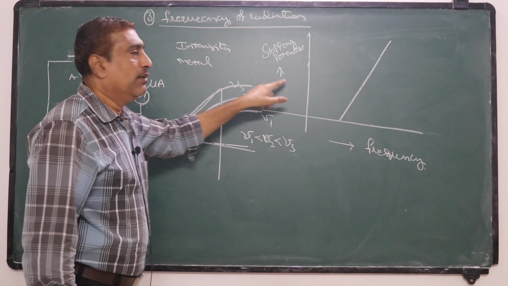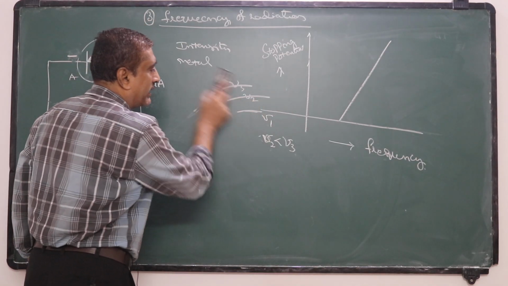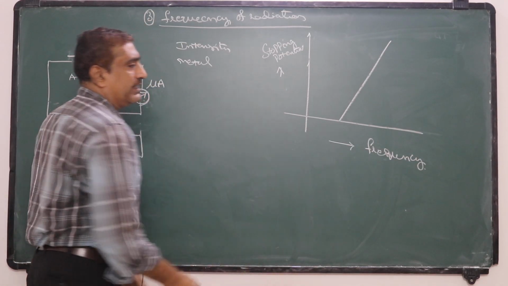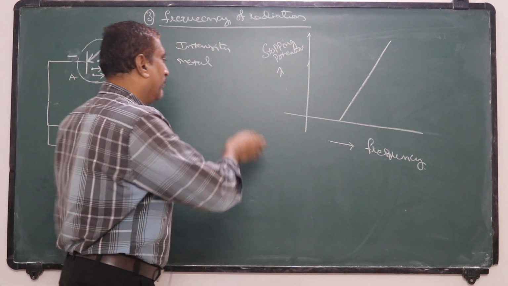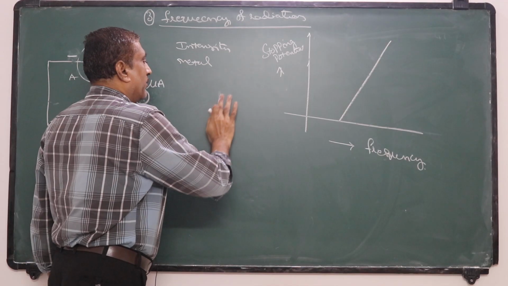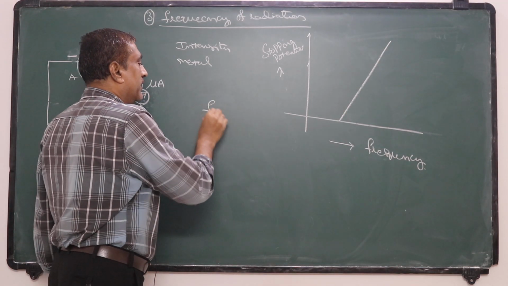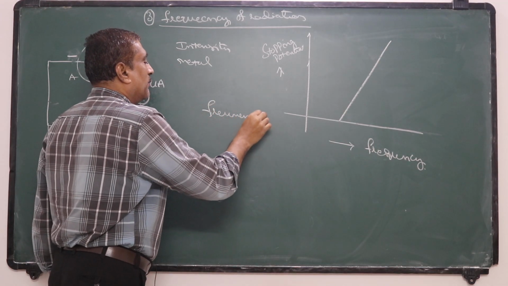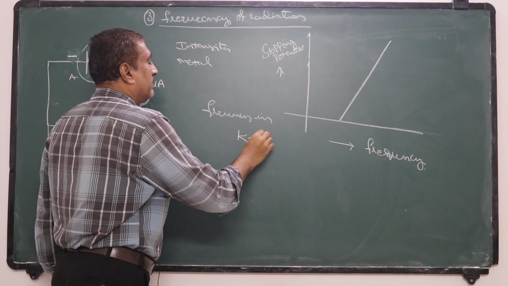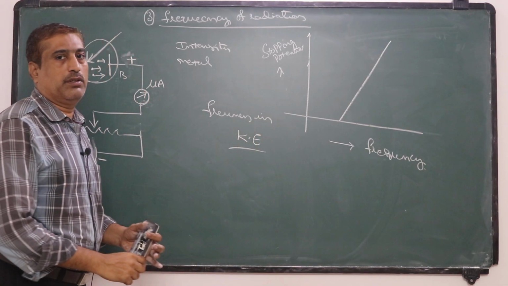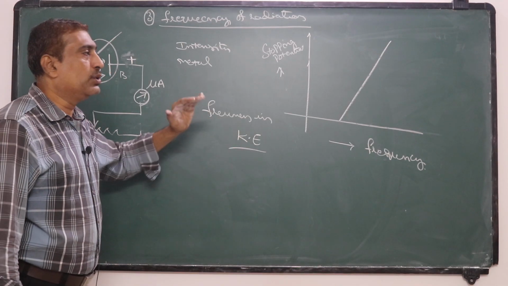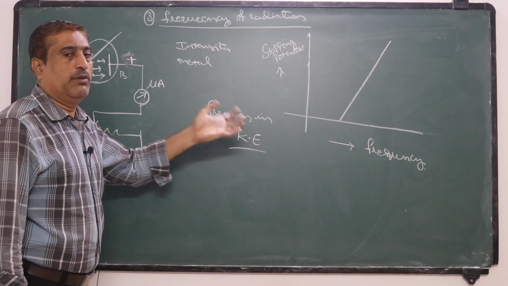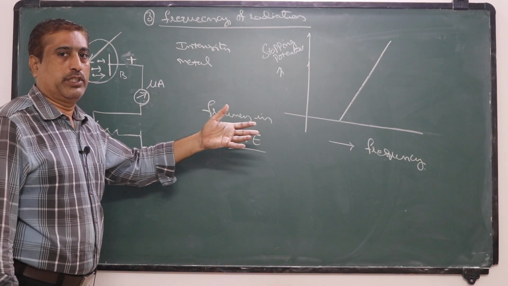Why? Because when frequency increases, the kinetic energy of the electrons increases. If the kinetic energy of the electron is more, to stop those electrons we have to apply more negative potential.